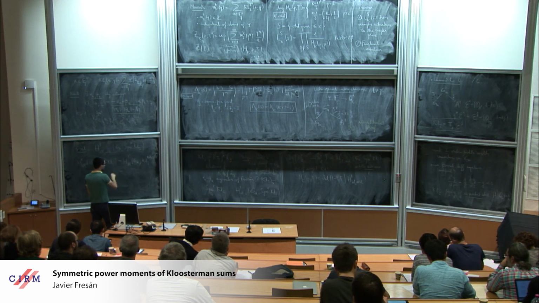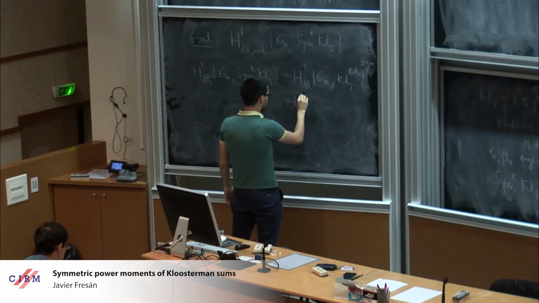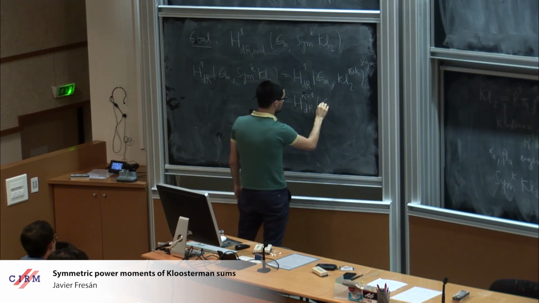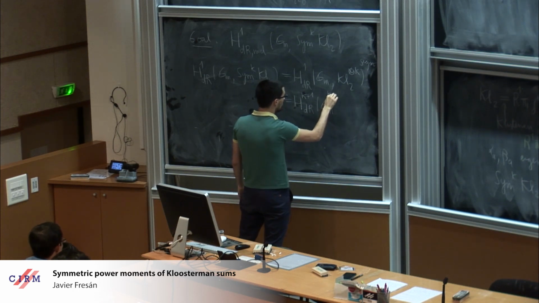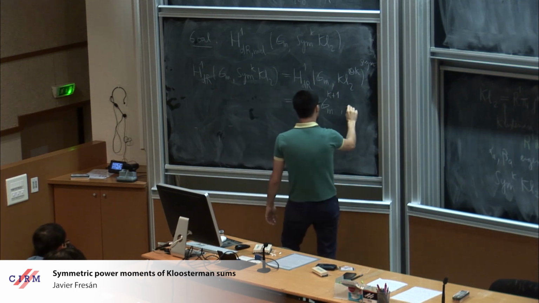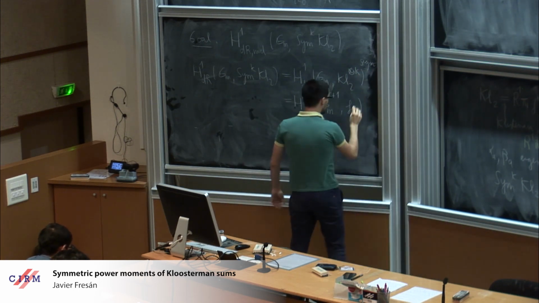There's a little bit of work here, but you show that this is the same thing as cohomology in degree k plus 1 of GM^(k+1), now together with a function. So let me write the function f_k. I still have the invariance by the sign.